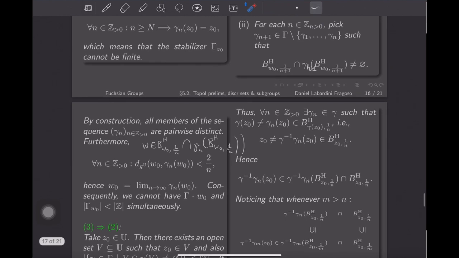And so what I obtain is that the sequence gamma n of W naught converges to W naught.